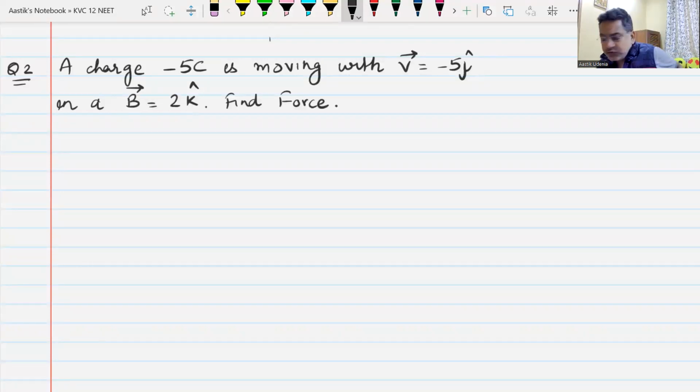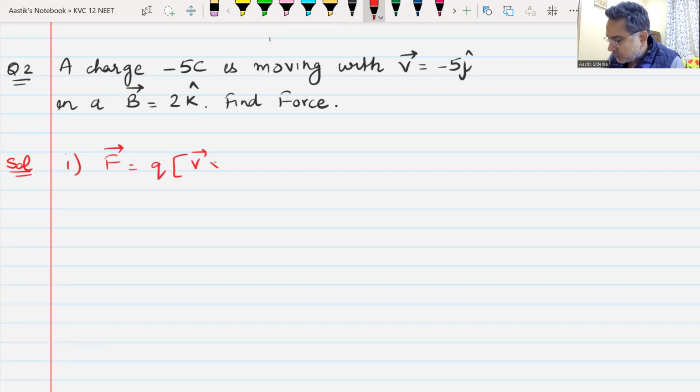So how are we supposed to do this? Again, first method, I will do it by the vector equation. Q V cross B. Remember here the charge is negative. So in the vector equation, if the charge is negative, you have to put it as negative.